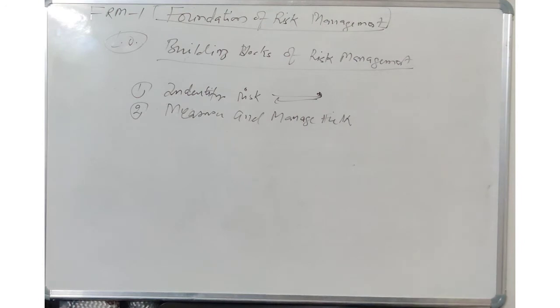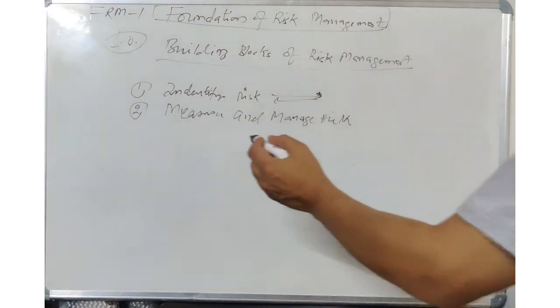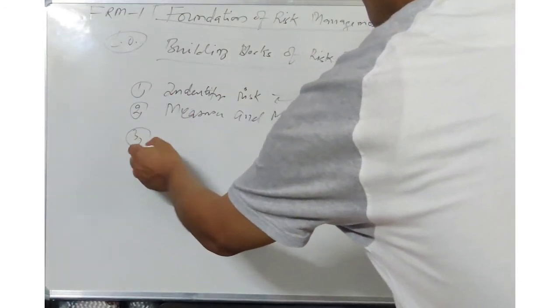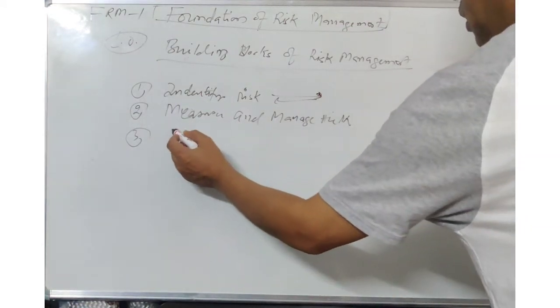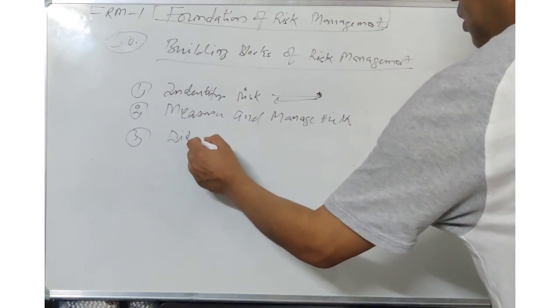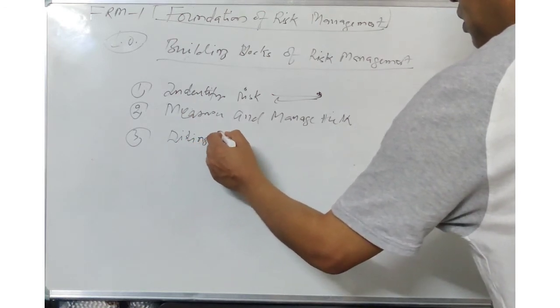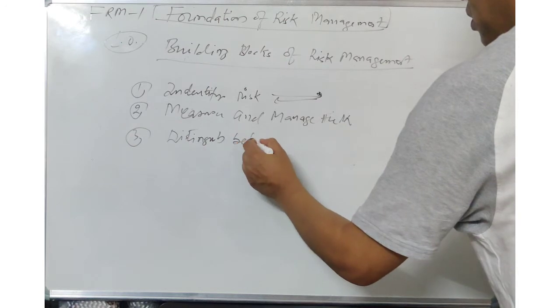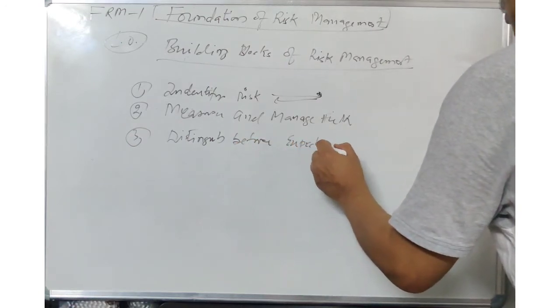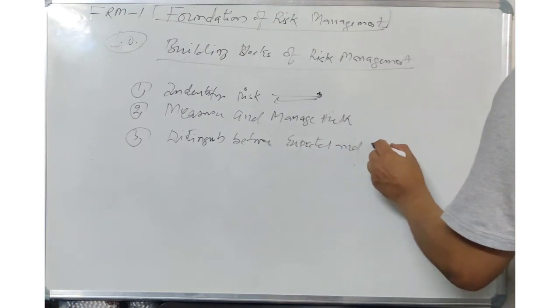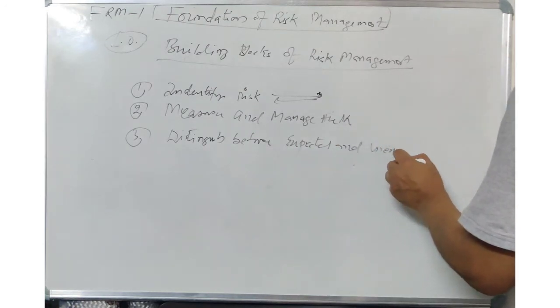This is the risk, because organizations are not much bothered about the expected loss or some kind of positive results, but they are more concerned about the unexpected losses and some kind of uncertainties which are linked to the losses. So for building blocks we have to understand the process, how it is being done.